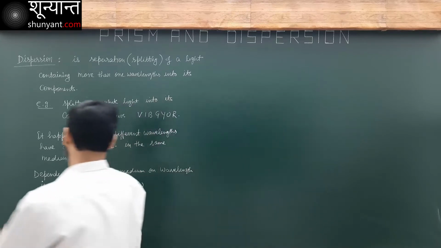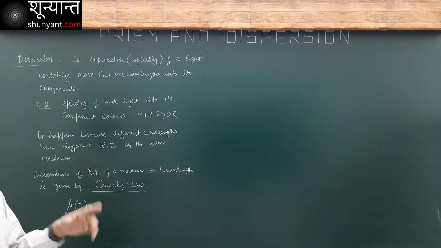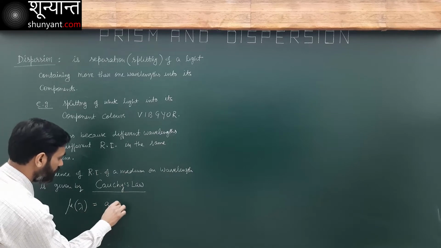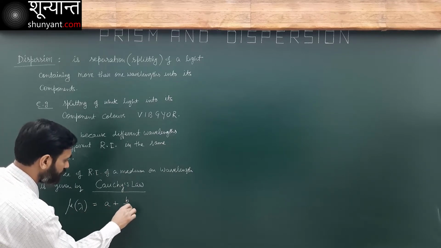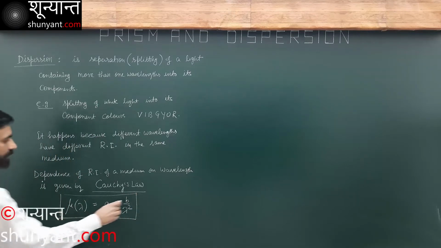Now, how does the refractive index mu depend on wavelength? It is given by Cauchy's law. It is equal to A plus B over lambda square. It is of this form.